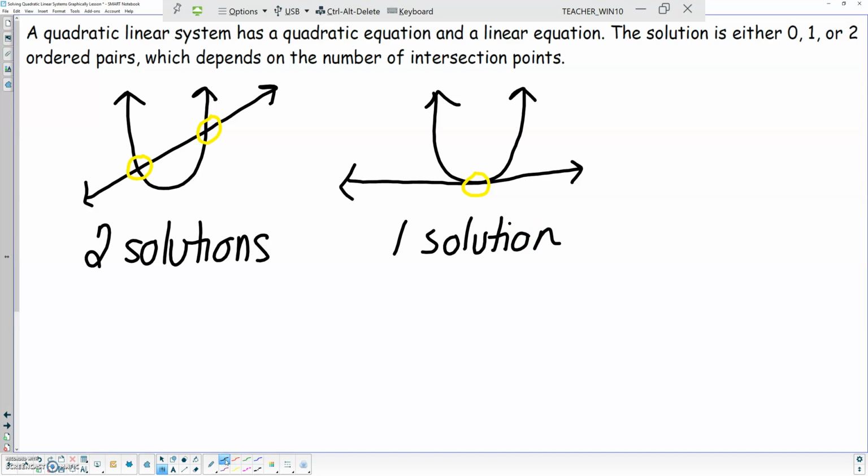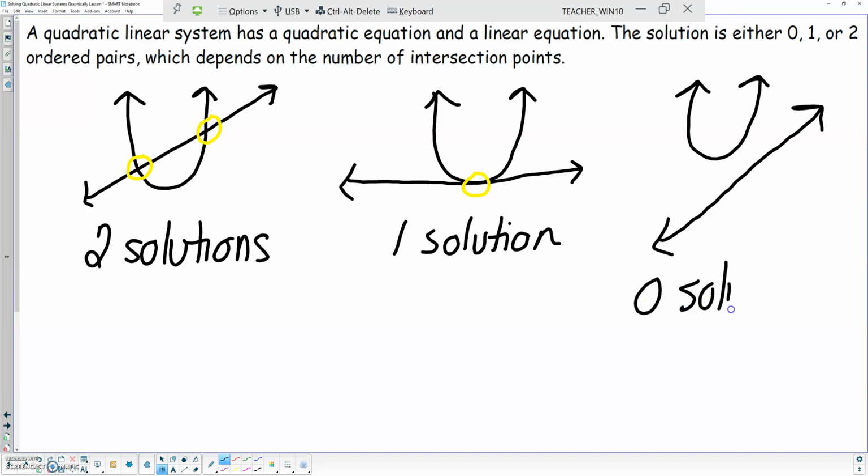And then zero solutions would be when you have a parabola and a line that never intersect. So we could get any one of these three situations when we graph a quadratic linear system.